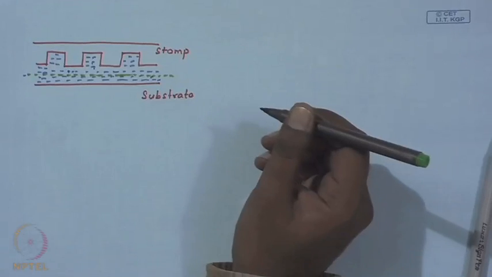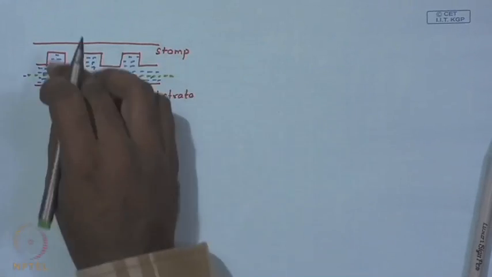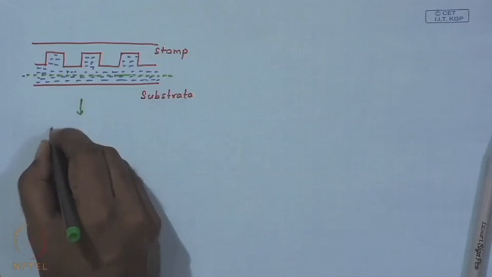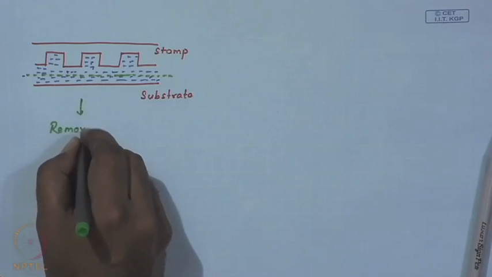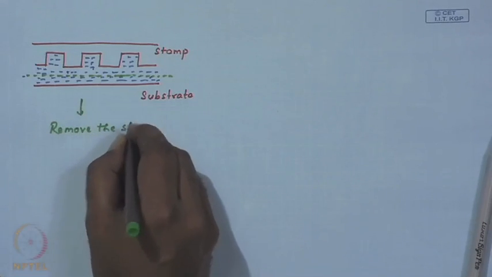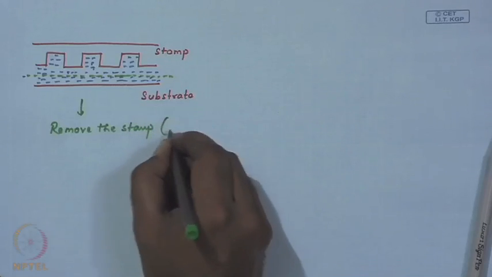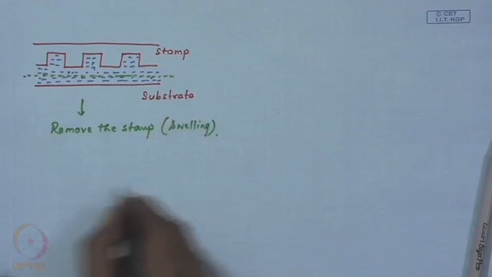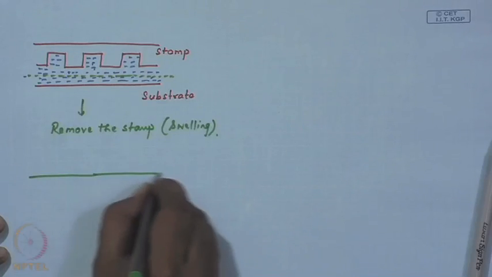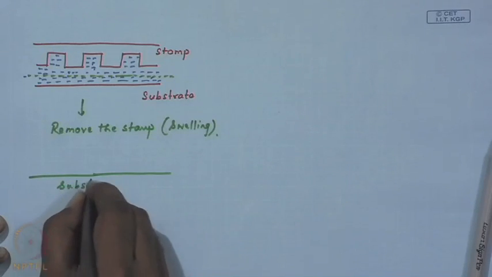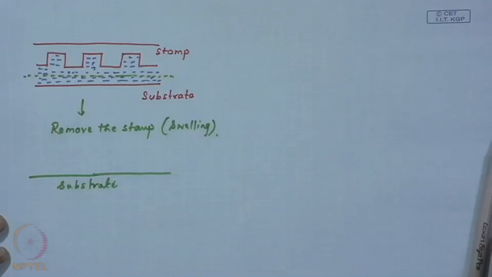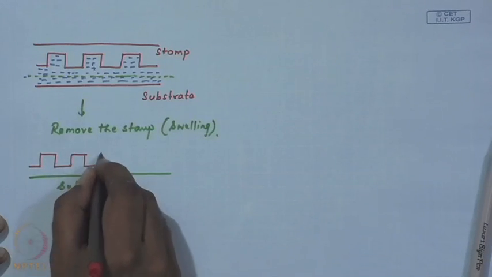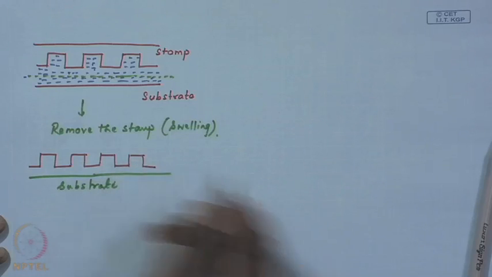So, the easy thing to do would be to cool it down again to room temperature, so that the whole mass now solidifies, and then just remove the stamp. Which can be achieved by let us say something like swelling or something like that, and then if you remove the stamp, you have the substrate and you are left with the polymer layer.